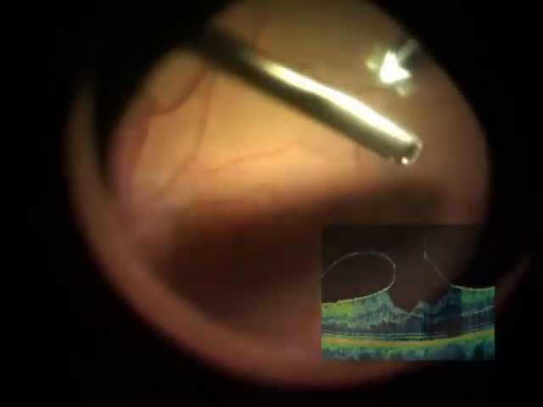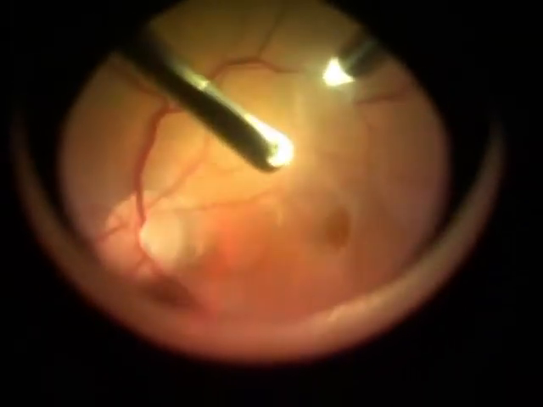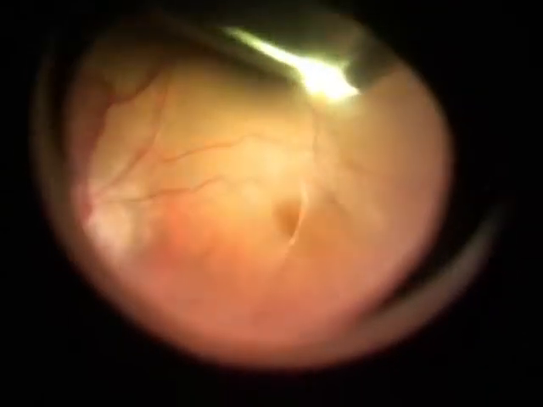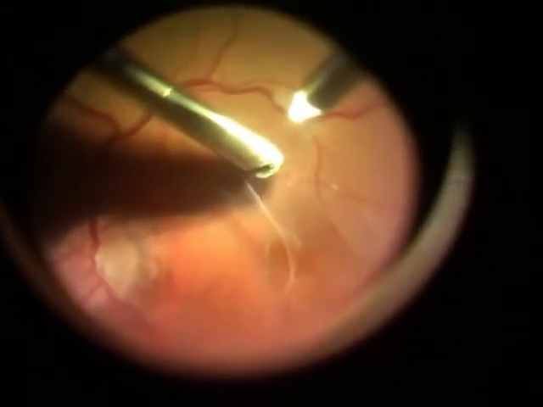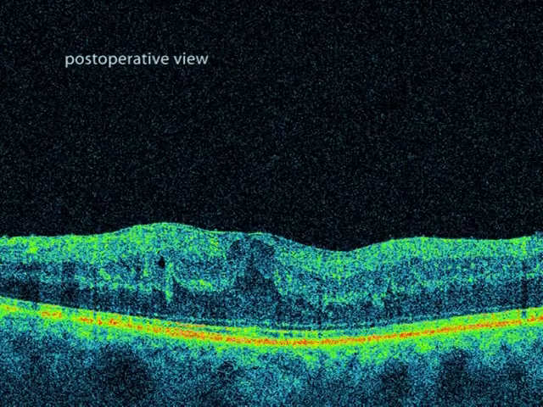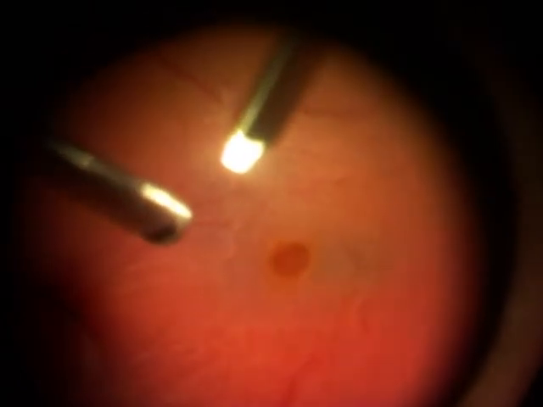If we examine clinical appearance, we can confirm the presence of vitreoretinal traction as an early step of the disease. Vitrectomy is performed.